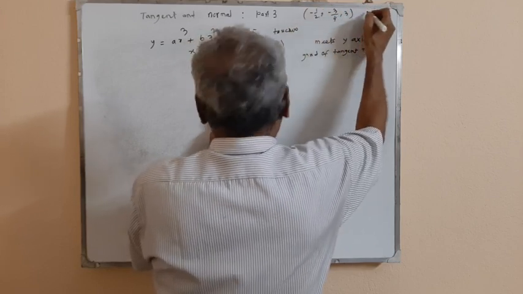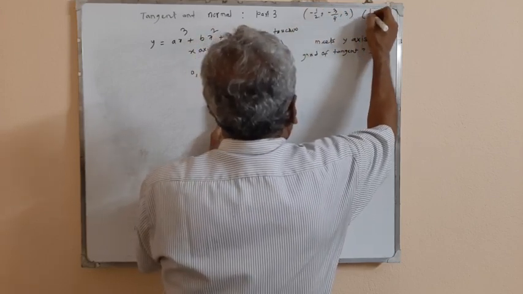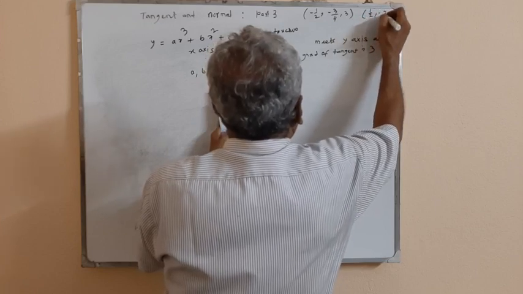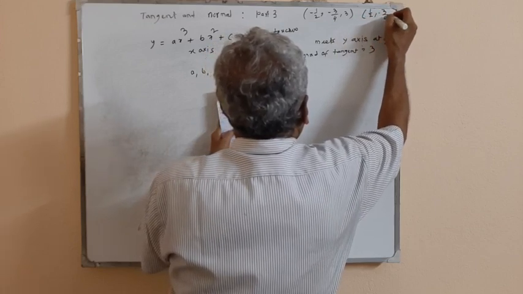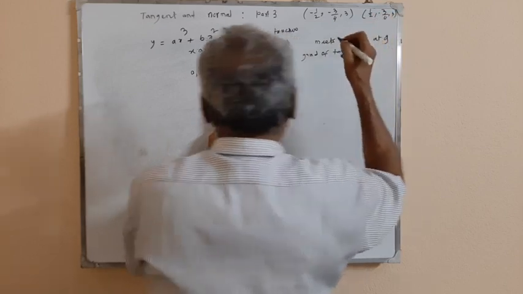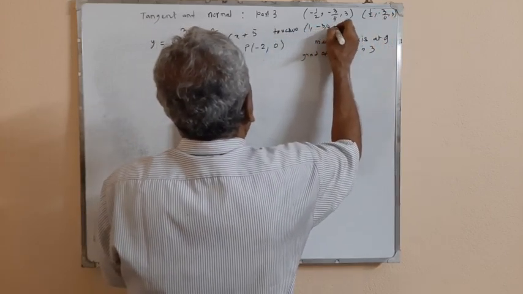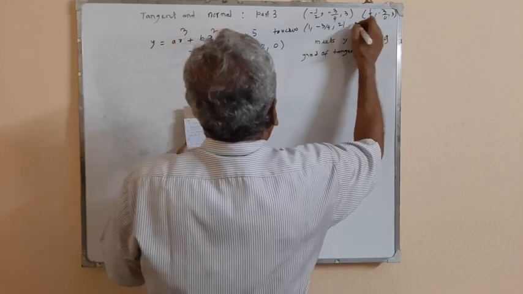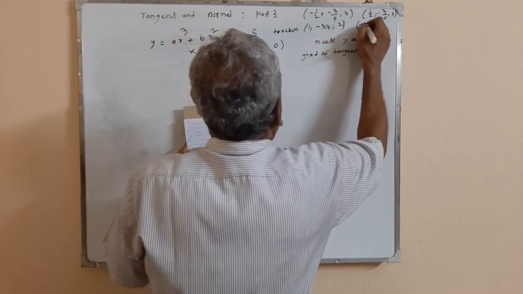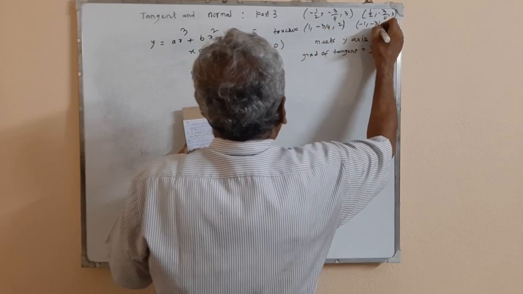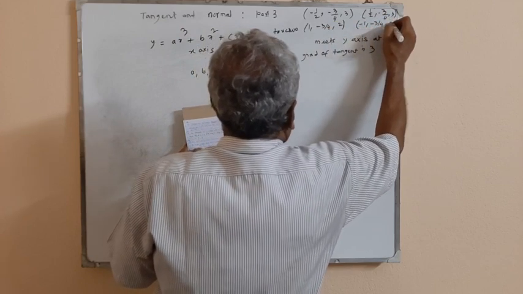Second option is half, minus 3 by 4, 3. Third option is 1, minus 3 by 4 and 2. And fourth option is minus 1, minus 3 by 4 and 2.